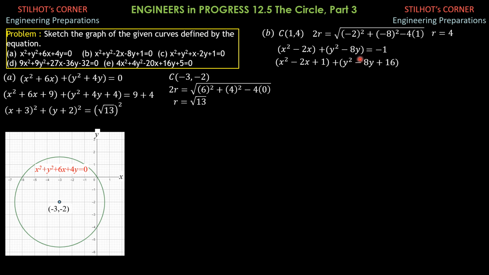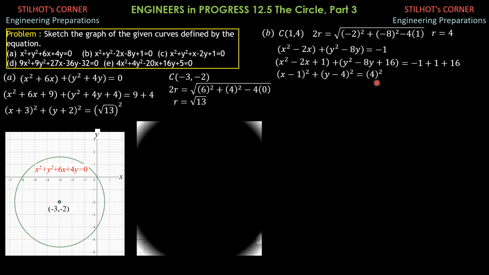Take note, 16 is negative 1/2 of negative 8, then quantity squared, equals negative 1 plus 1 plus 16. So the right side is 16, and 16 is 4 squared. That's why the radius is 4. This is quantity x minus 1 squared plus quantity y minus 4 squared equals 4 squared. So this is the standard form of the equation of a circle. Center is at 1, 4, radius is 4.